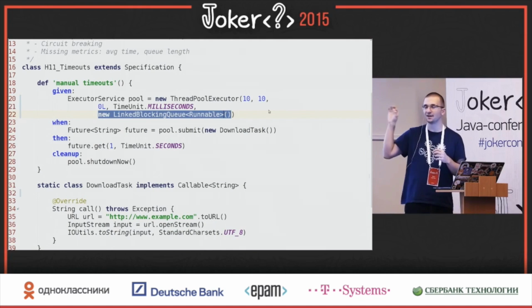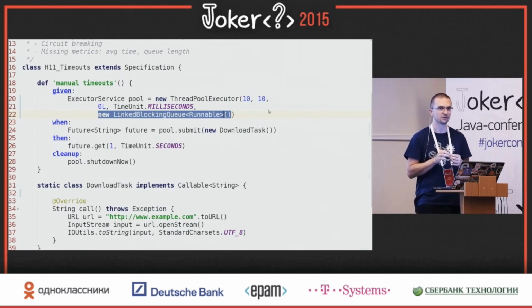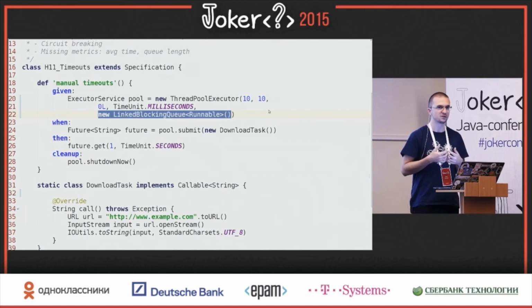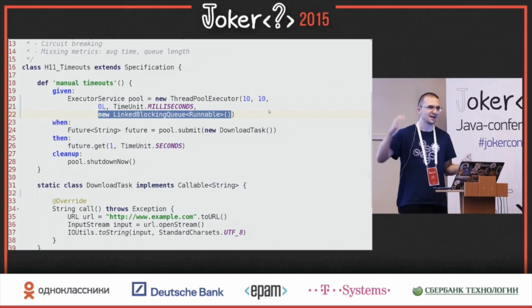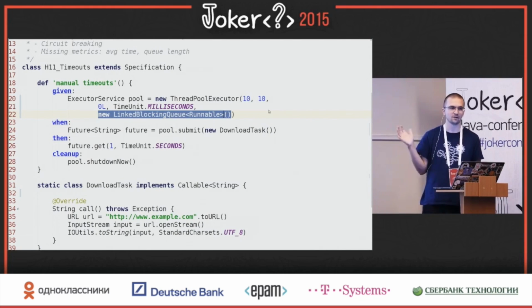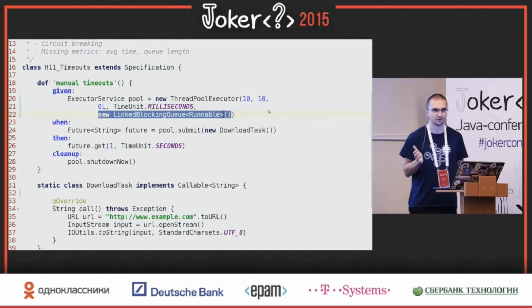And guess what happens? You get an out-of-memory error at some point. Your application looks as if it had a memory leak, or an enormous load, while in fact it's the other system that has problems and your application is completely fine. So this is one of the things that Hystrix actually tries to solve.